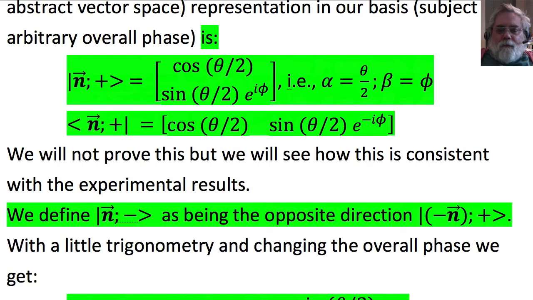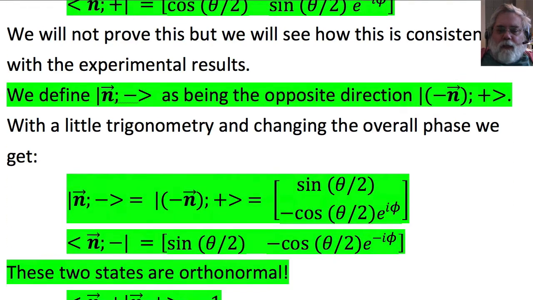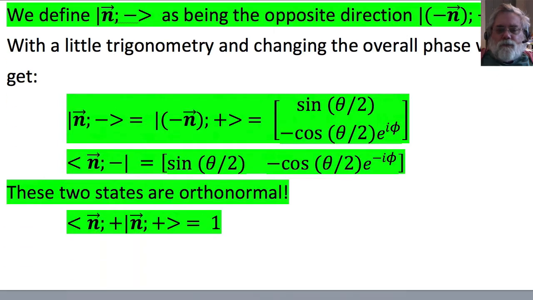Now, we define n minus as being in the opposite direction, so if we had the opposite direction of the vector, it would be in its plus direction. We can do a little trigonometry, we can change the overall phase, we get the following results, which you can just take from me.